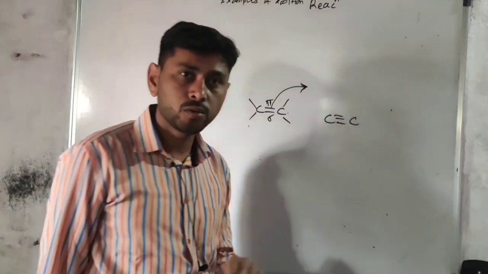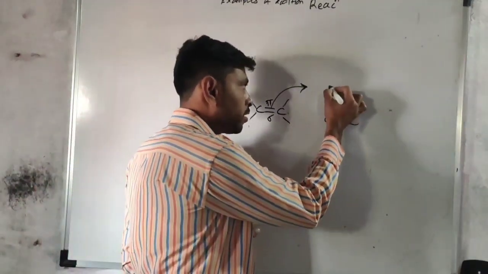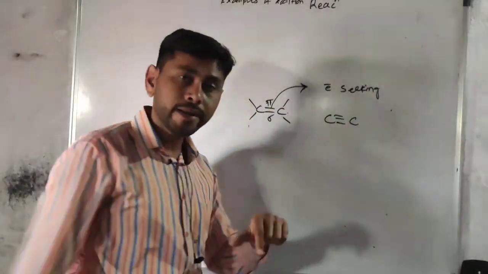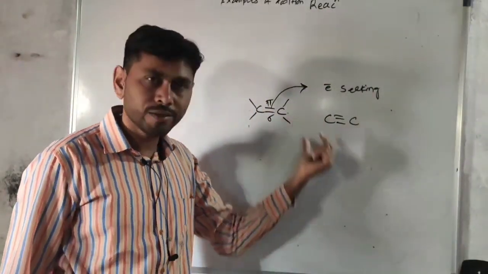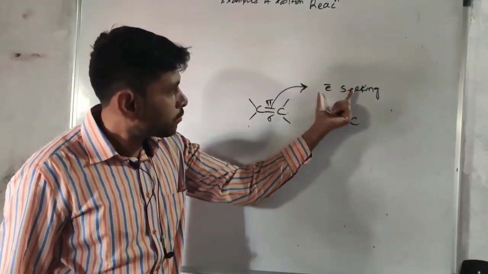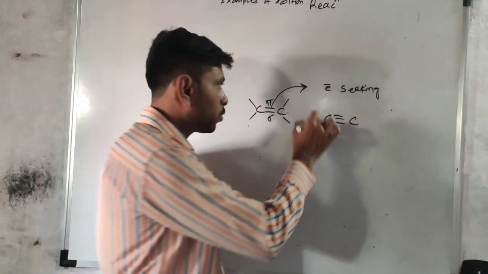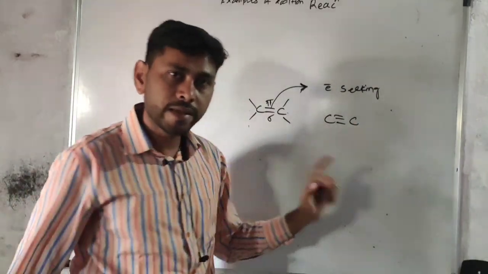When this is ready to donate, another reagent should be electron seeking. Electron seeking means what? It requires electrons, another system which requires electrons. So in this manner, this reaction occurs.